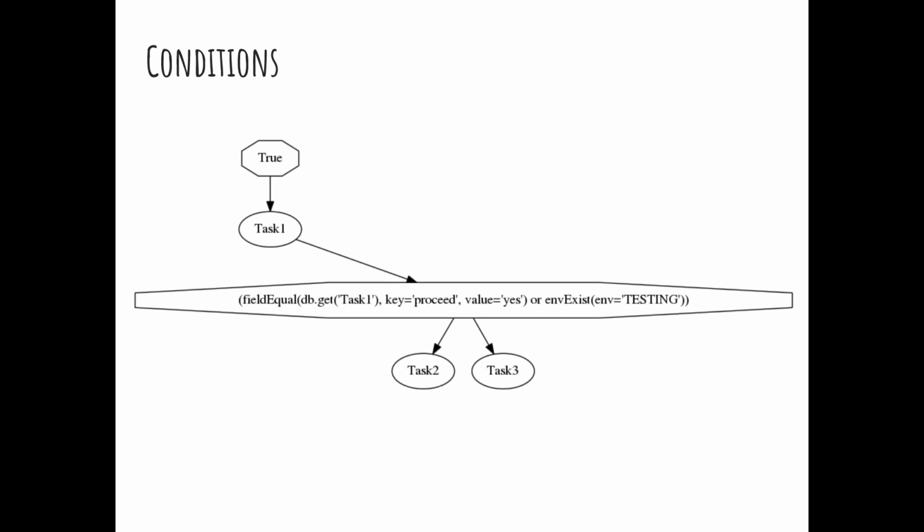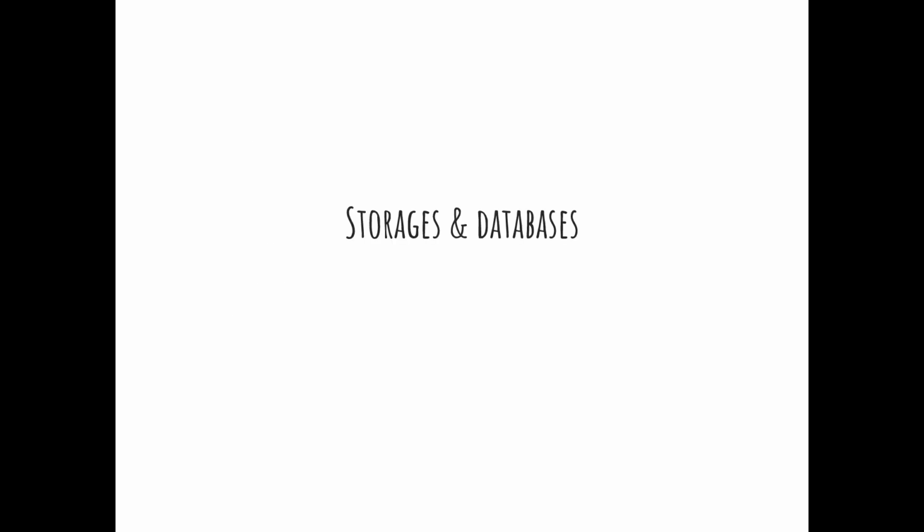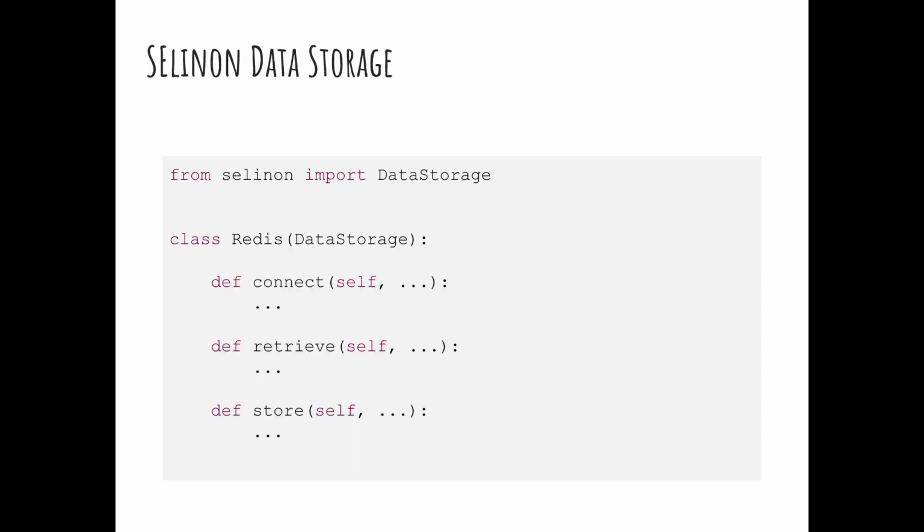Okay. You might be wondering, okay, we put this condition, but where are the results of task 1 stored? And the answer is storage or a database. Selinon creates an abstraction on top of storages and databases and provides you predefined storage and database adapters, but you can implement your own. So for demonstration purposes, let's create one.